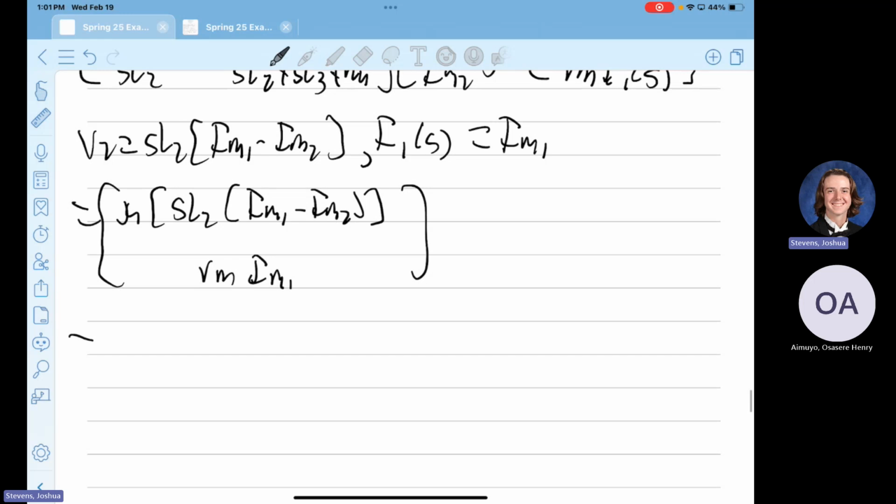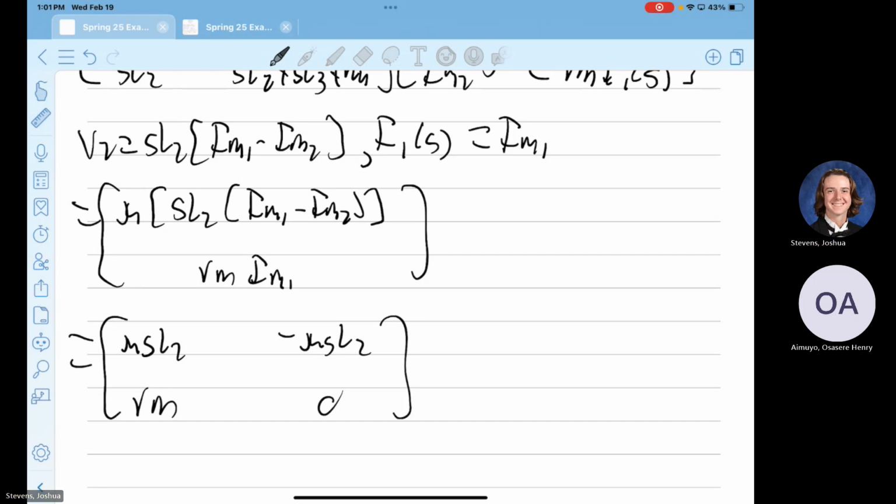Okay, do that. This becomes mu SL2 minus mu SL2, mu SL2 RM and 0. Do we agree? You all agree?